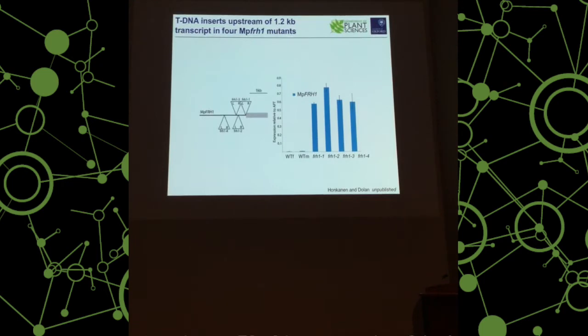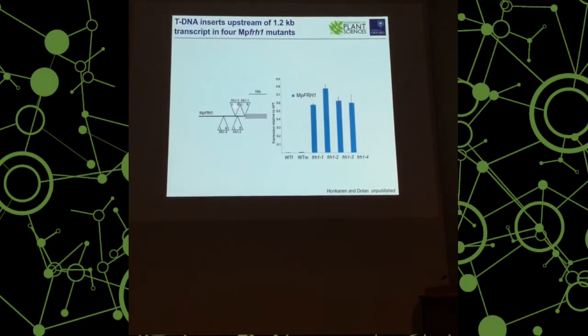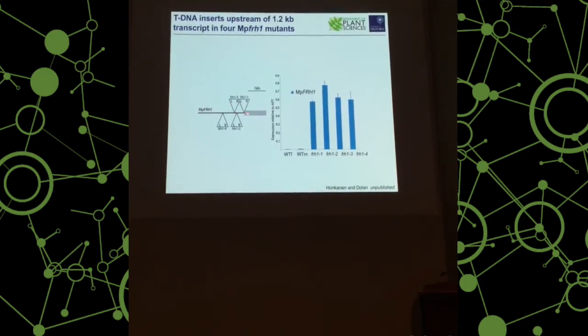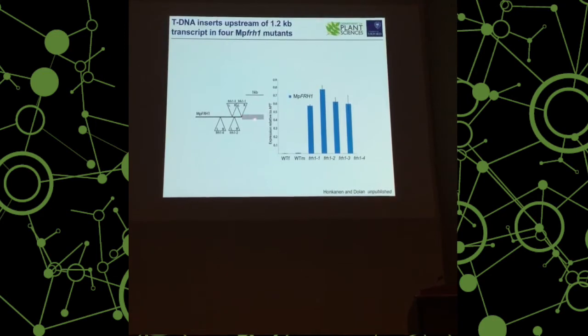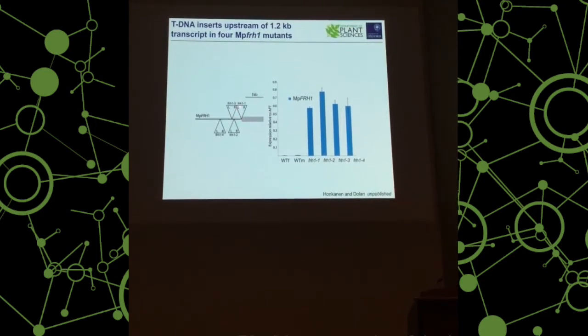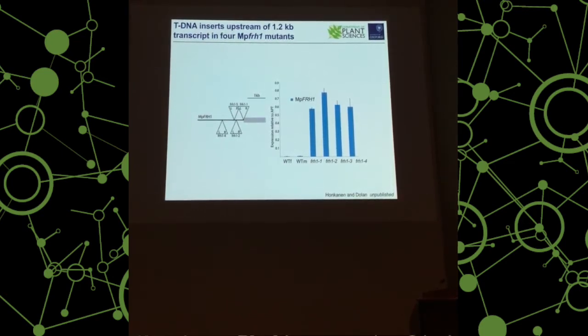And we identified the insertions of these genes. We found the mutations were caused by T-DNA insertions upstream of an open reading frame that didn't look like anything we knew. Given that I'd previously shown that T-DNA insertions in the 3' region of the RSL gene resulted in elevated expression of RSL, we hypothesized that these are going to be gain of function mutants, and it's true.